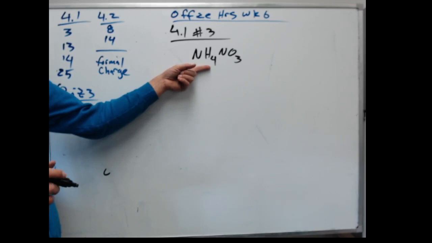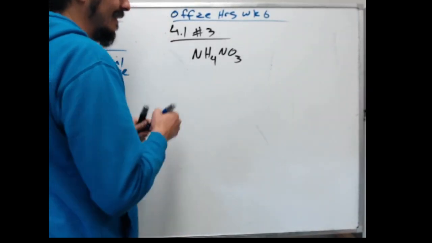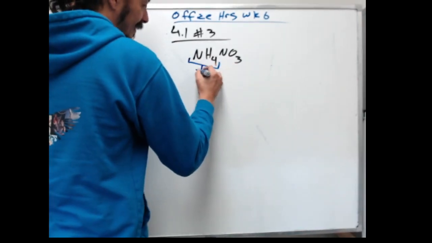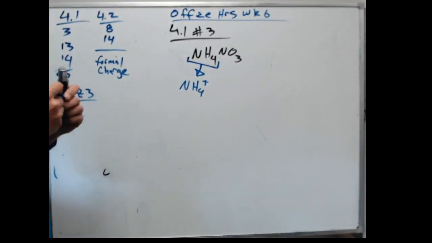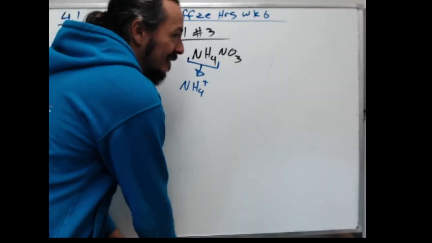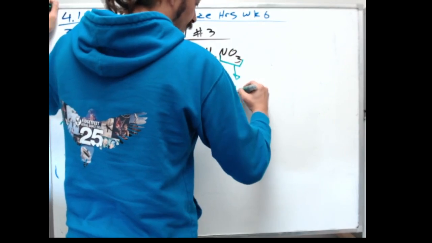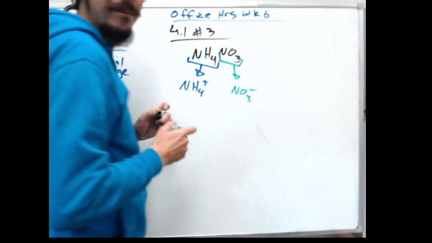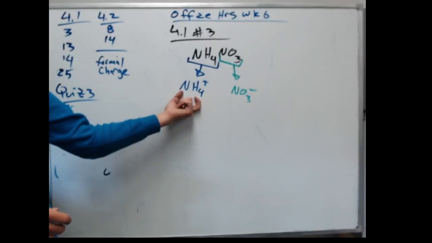Do we know what polyatomic ion that is? Ammonium. That's ammonium. NO3, nitrate. Right, so when I look at this, I'm like, hey, here's a covalent compound.